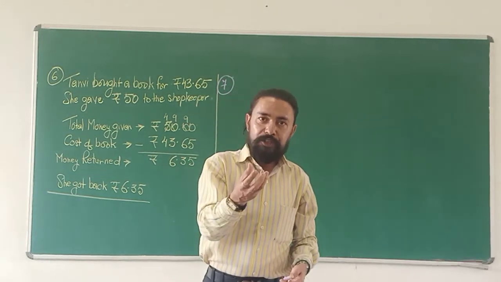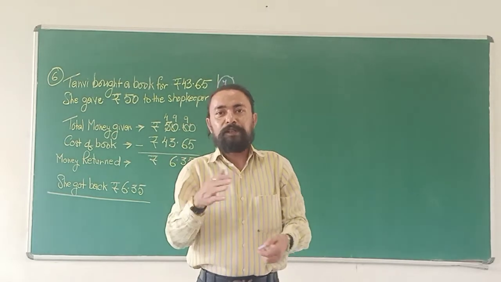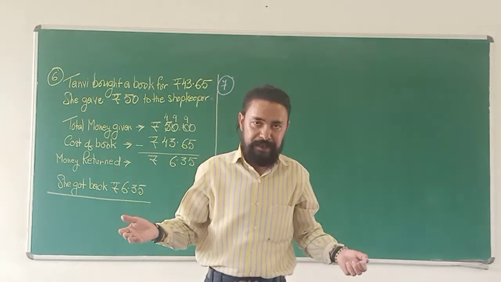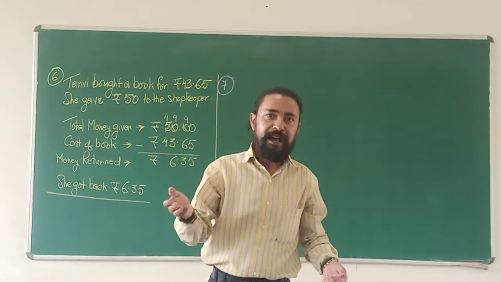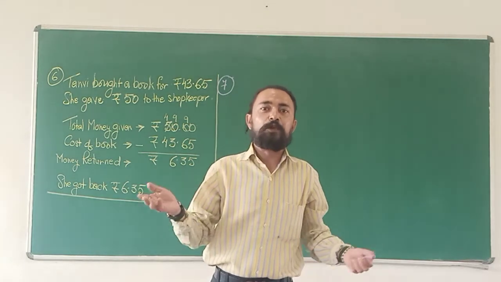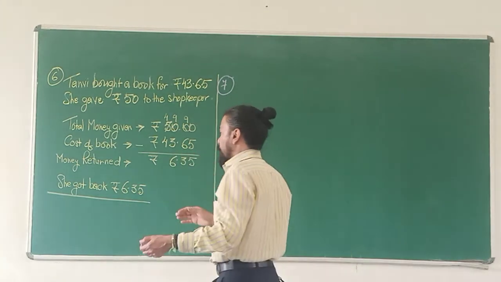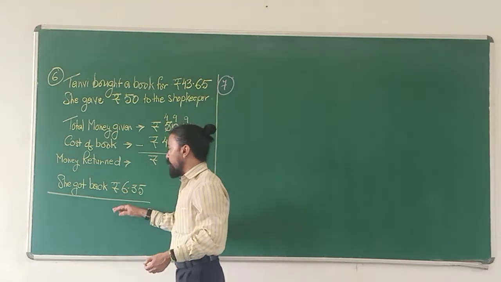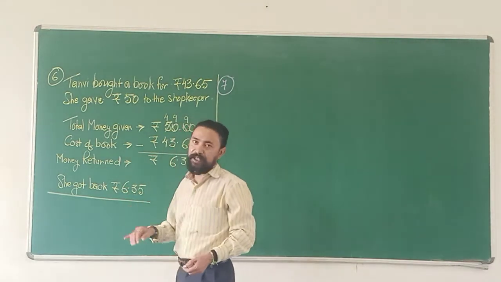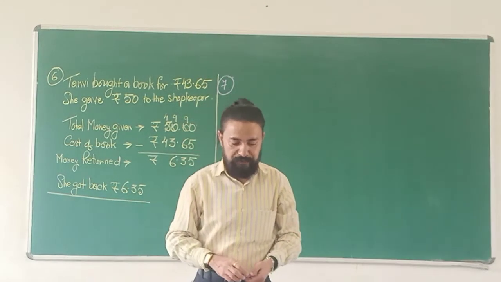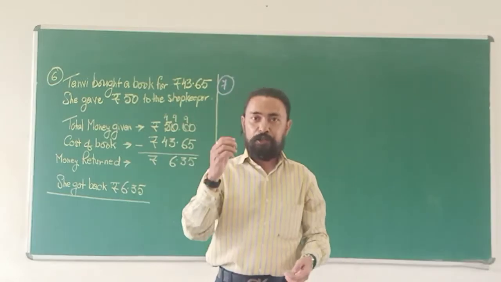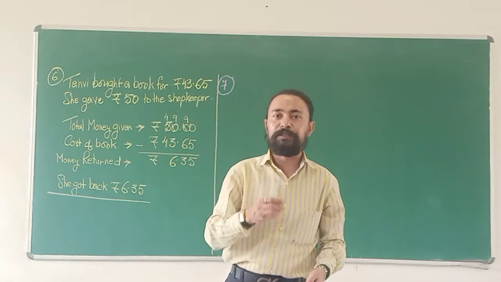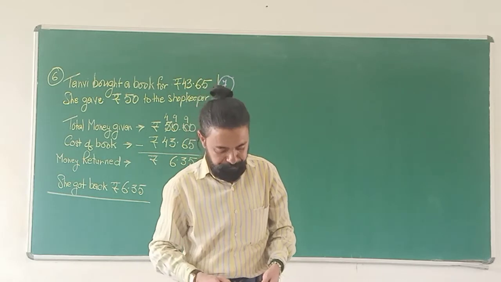A smaller version of that for 25 paise, but unfortunately now we have done away with the paise. Now we only have rupees and no paise. It's on paper, but in circulation we don't have any paise coins.